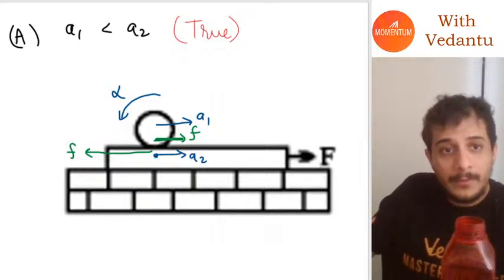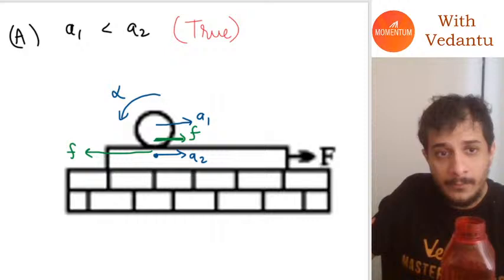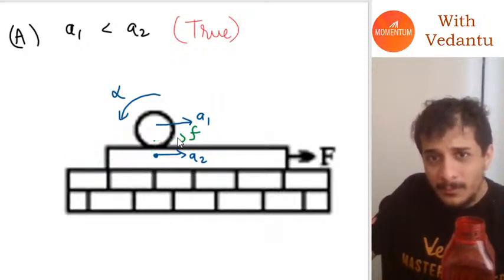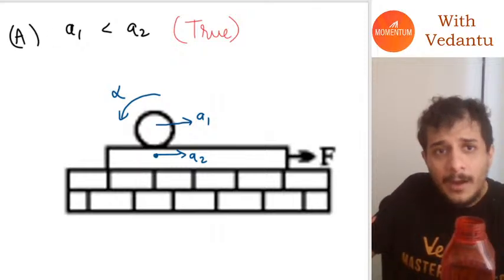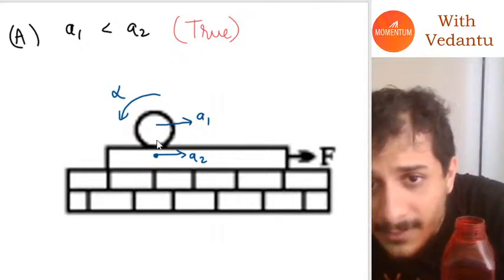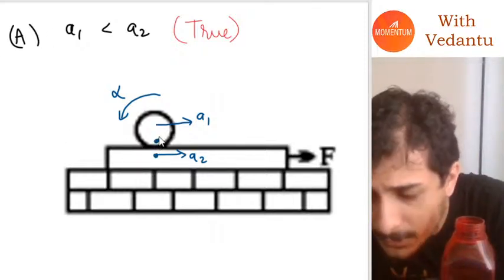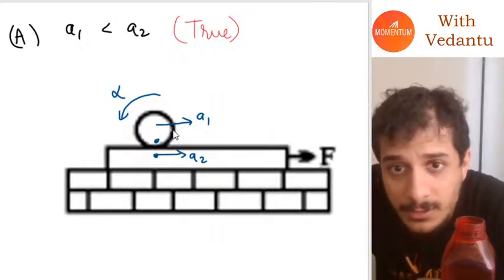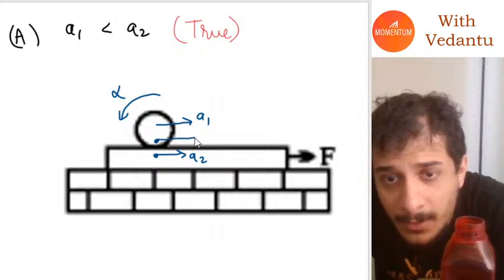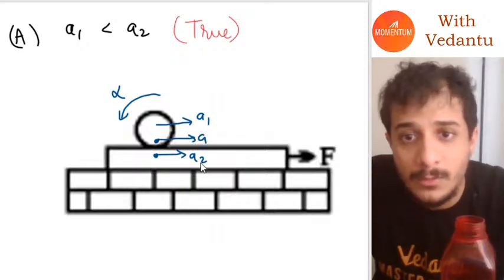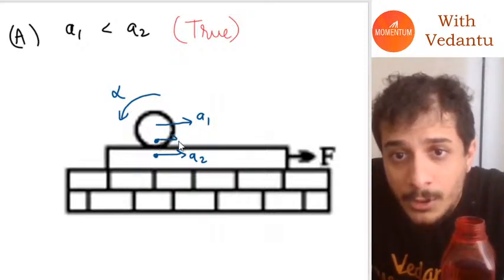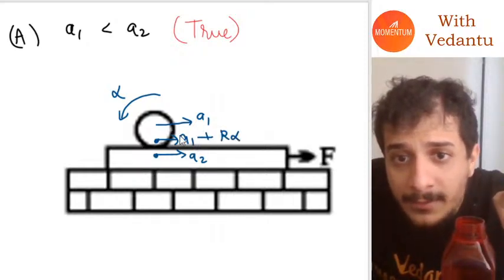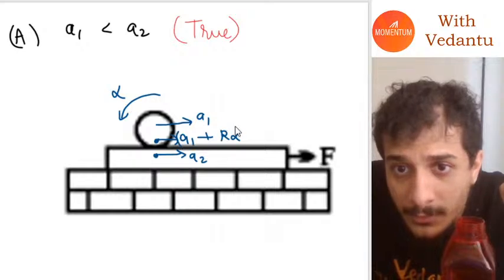I hope everybody is following. Now, let me remove this force for a minute. If I talk about the acceleration of the bottommost point of the sphere, it will be a1 in this direction due to the motion of the sphere, plus r alpha in this direction due to the rotation of the sphere.